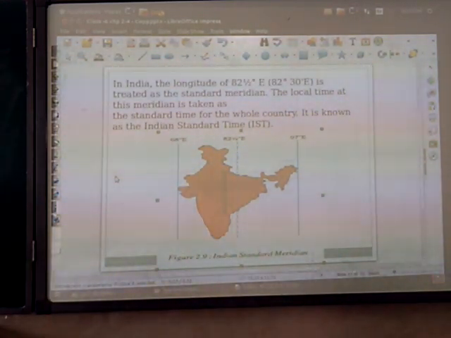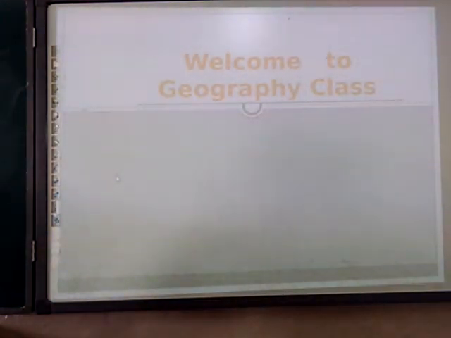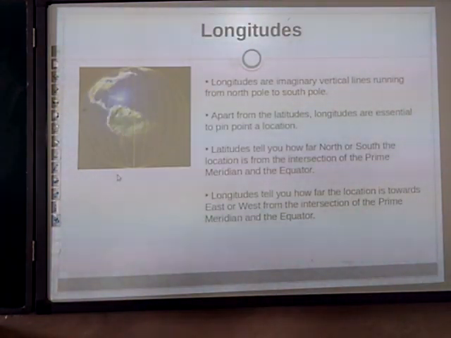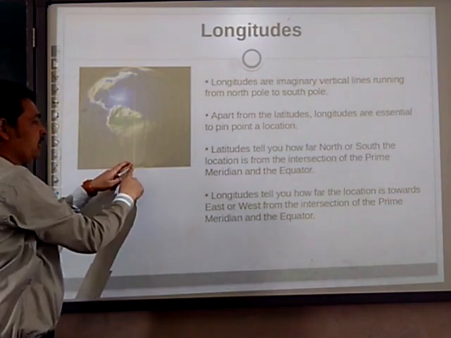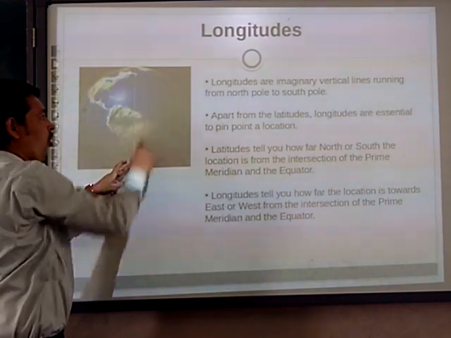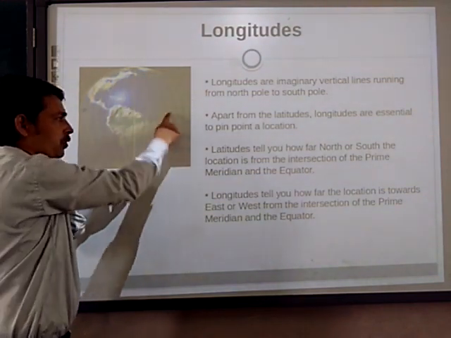Next, I am going to show you the upcoming slides, which will make it clear. We are having all the longitudes here. So when India comes, this type of longitudes will be there.